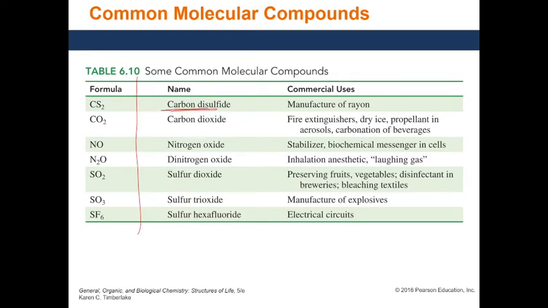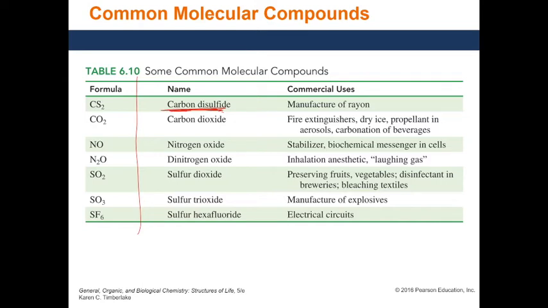For instance, what would be the chemical formula for the compound called carbon disulfide? When you look at the name, you can tell that this is a molecular compound. Why? Because we only use these prefixes in the case of molecular compounds. Secondly, carbon and sulfur are both non-metals, meaning this is a molecular compound.